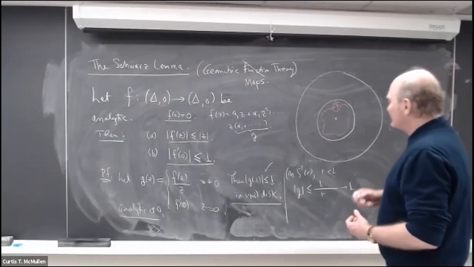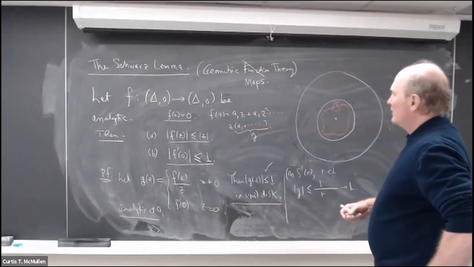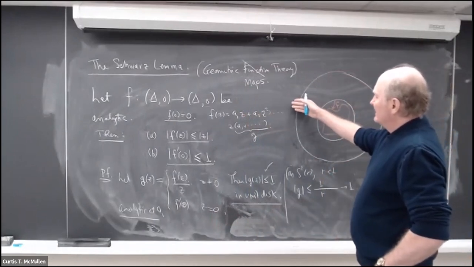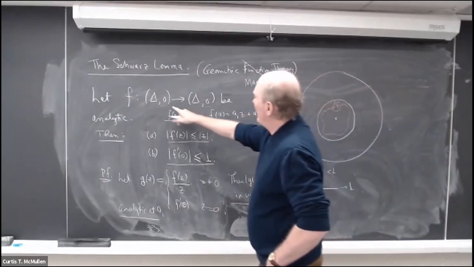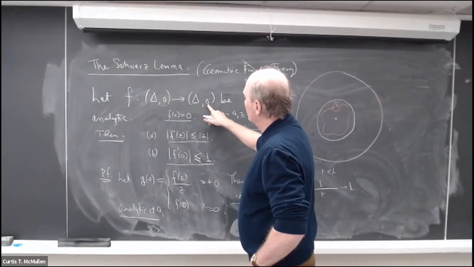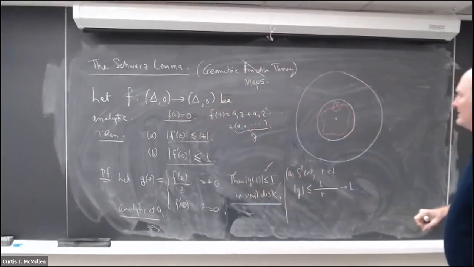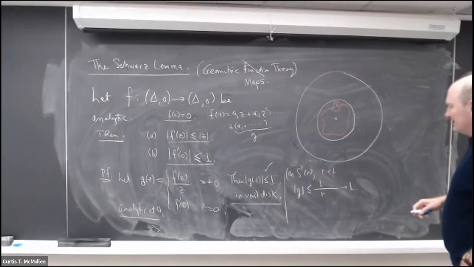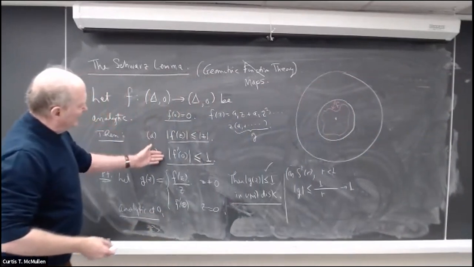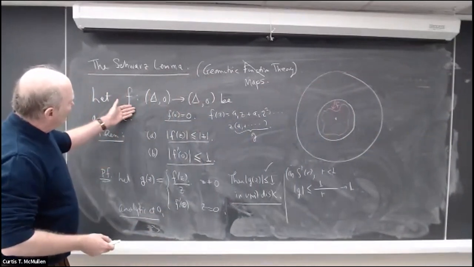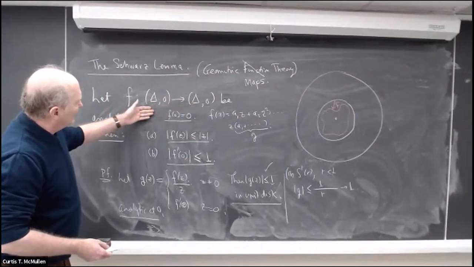A big step was made by Pick, who observed that this statement looks slightly awkward because we've required that f send 0 to 0. Is there a corresponding statement for any map of the disk to itself? There is. We can reinterpret this statement as saying that f is a contraction for the hyperbolic metric on the disk.